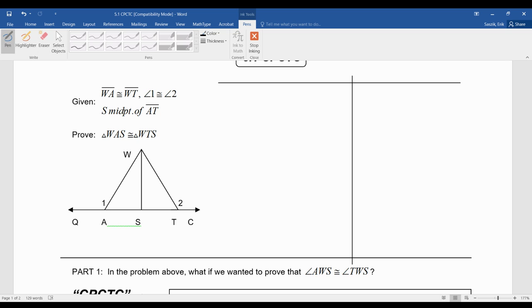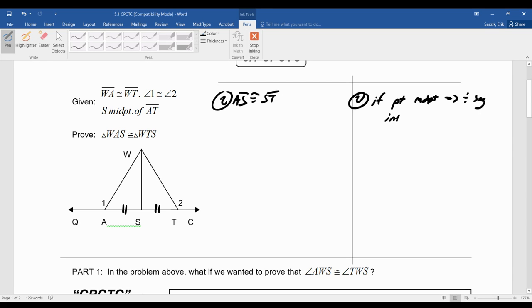So this opener, it's actually very simple. I just wanted to point something out to you, watch this. AS is congruent to ST if point is a midpoint, then it divides the segment into two congruent segments.